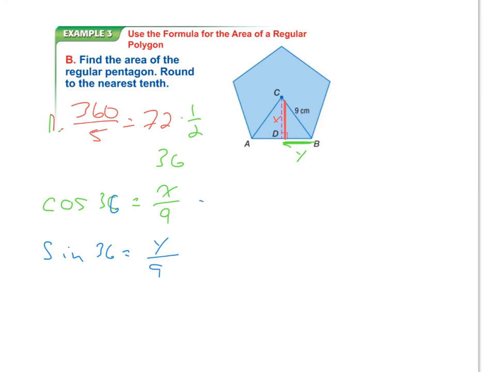So therefore, x is equal to cosine of 36 times 9, and y is equal to the sine of 36 times 9. This, of course, is equal to my apothem, and this, of course, is equal to 1/2 of my side.